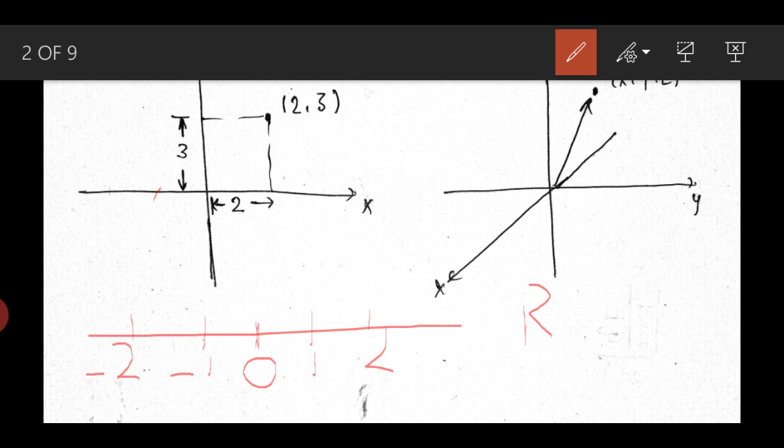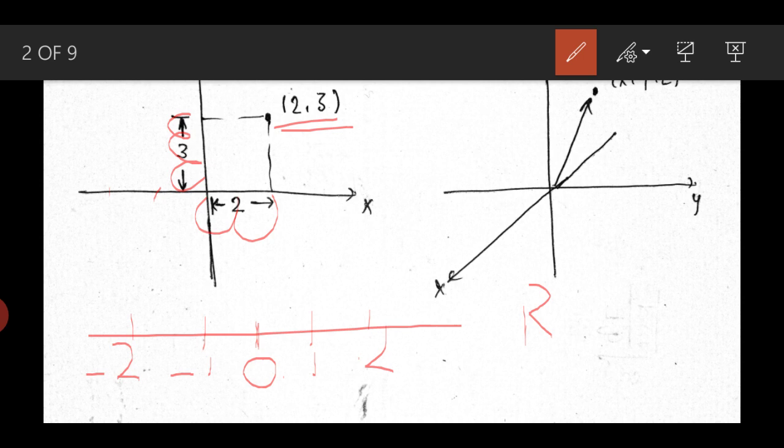Now 2 is saying go to the right hand side 2 steps and 3 steps on the positive y-axis, and you get the point (2, 3). This is simple linear algebra that we know from our elementary courses.